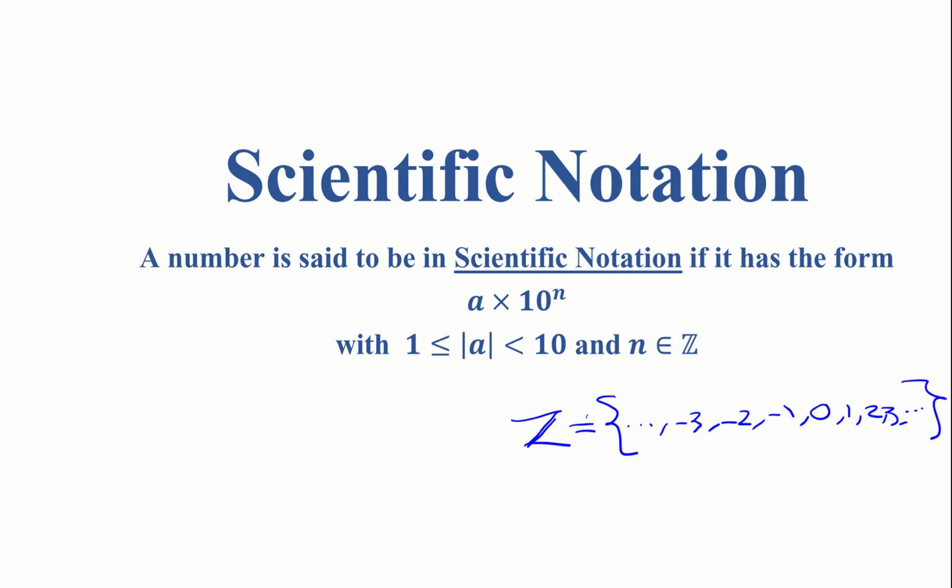So think of it as all the nice simple numbers on the number line. They form the set of integers, and Z is the letter that we use to indicate the set of integers. We use the double bar so that you know this is not just any Z. Don't mistake it for just some variable. No, this is the set of integers when you use that notation.